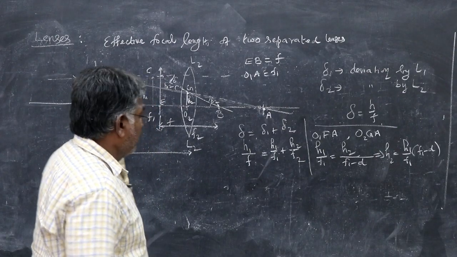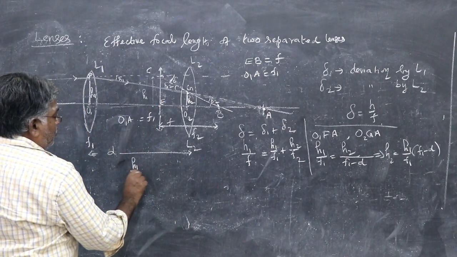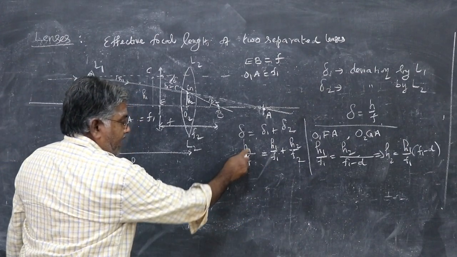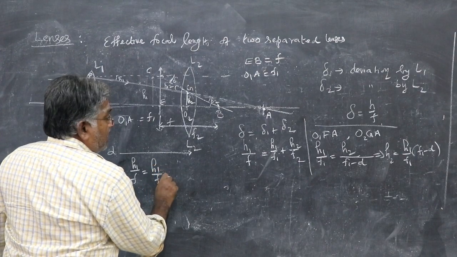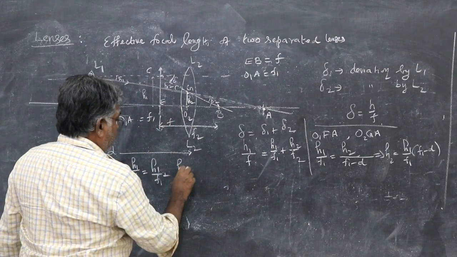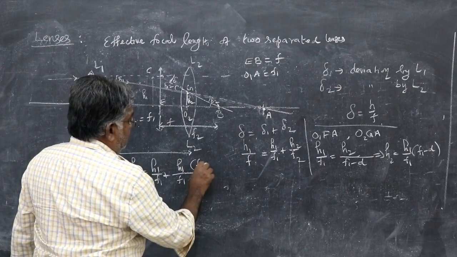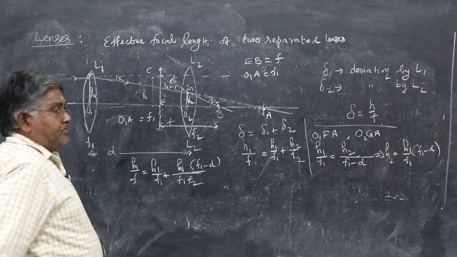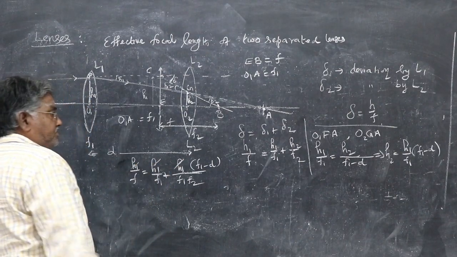That is h2. So now take this equation, h1 by f. We want to find f in terms of f1 and f2. h1 by f is equal to h1 by f1 plus h2 by f2, and for h2 you use h1 by f1 into f1 minus d in the numerator. Now h1 is getting cancelled.